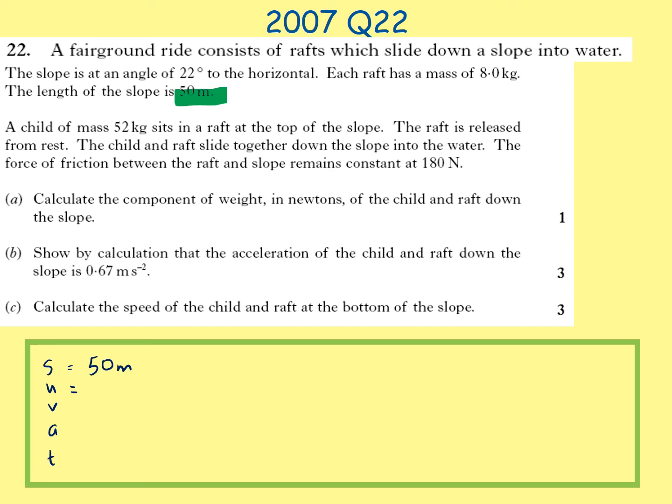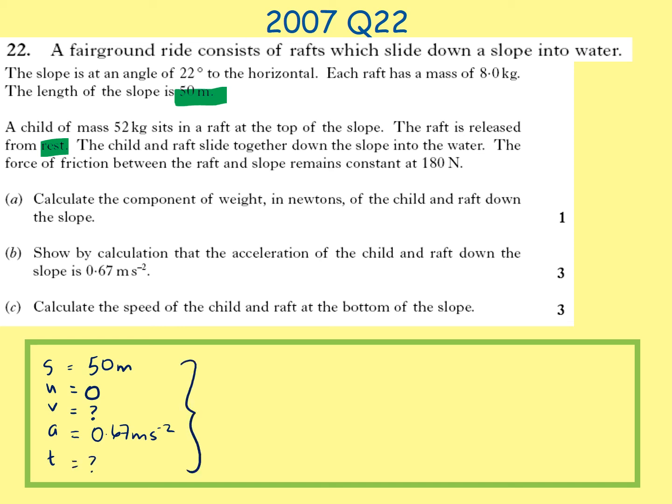Our initial velocity, we can see in the question, the raft is released from rest, so our initial velocity is going to be 0. Our final velocity is what we want to work out, because we want to calculate the speed of the child and raft at the bottom of the slope. Our acceleration, we've just worked that out and it's given in part B, that's 0.67 meters per second squared, and we don't know our time.